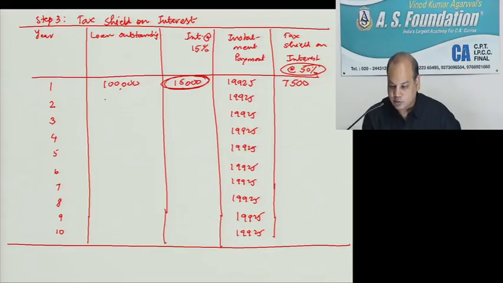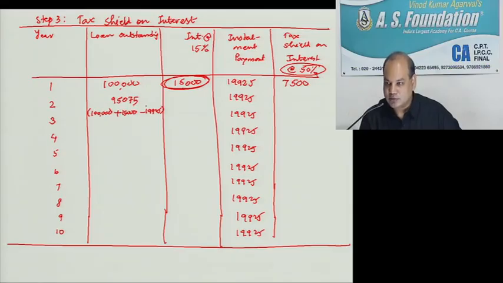Then important thing, how do you get the next year balance? 1 lakh rupees was opening loan on which interest accrued 15,000, add, and installment paid 19,925. So how much is the opening balance here? 95,075. Yes or no?